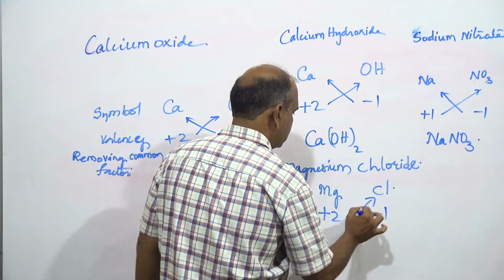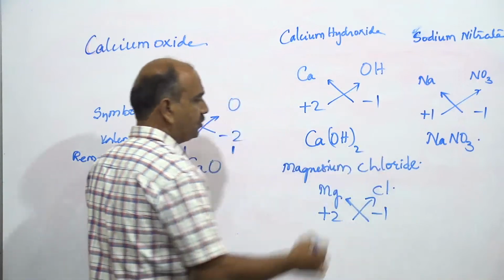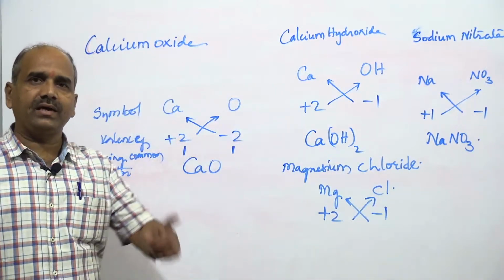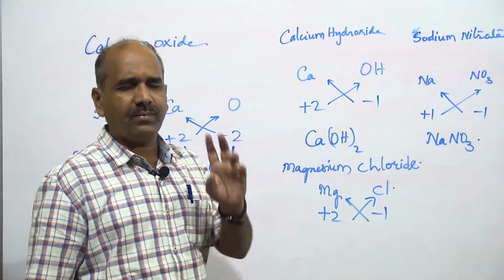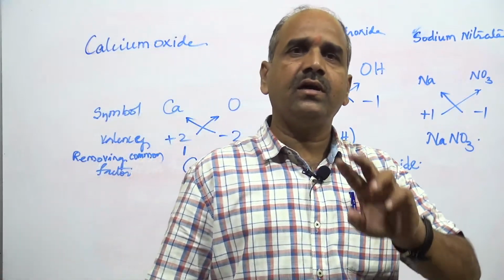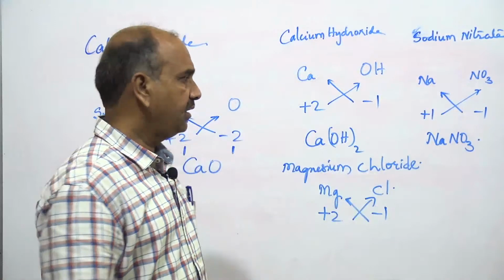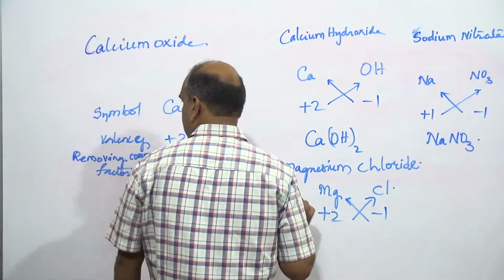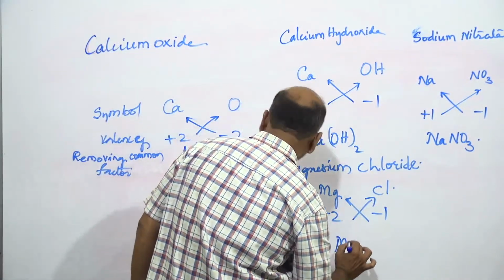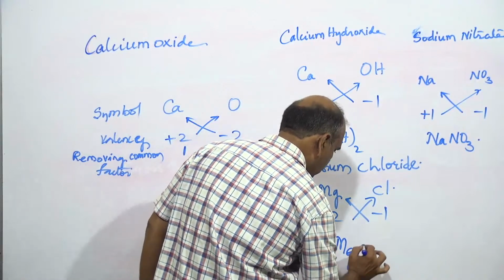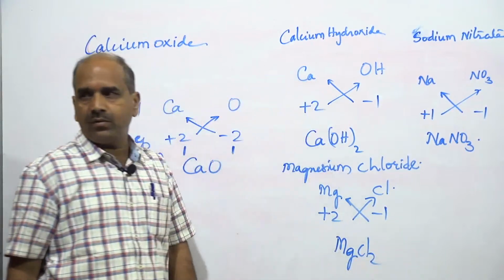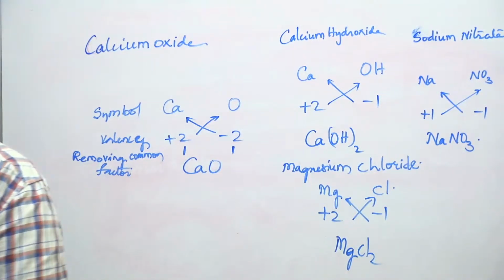So when you cross, chlorine should be 2, magnesium should be 1. Magnesium can donate 2 electrons, and those 2 electrons can be taken up by 2 different chlorines. So it should be MgCl2.